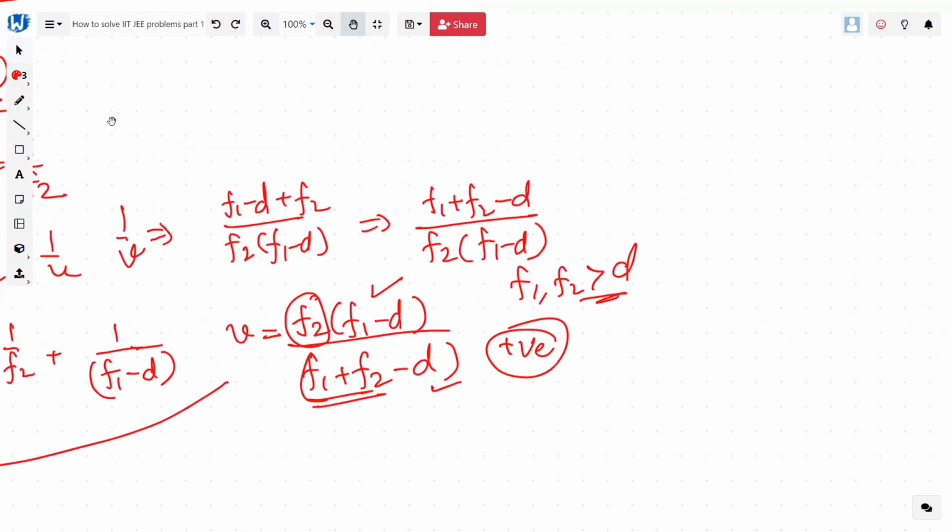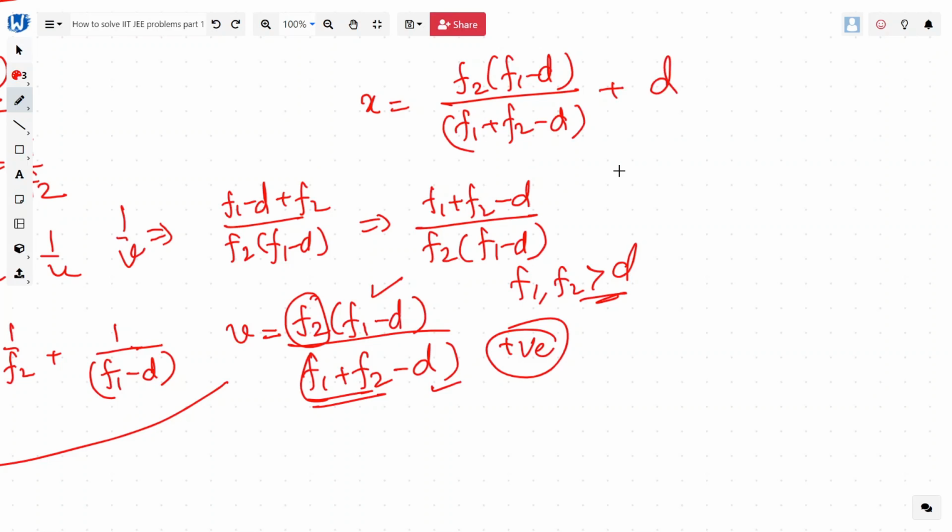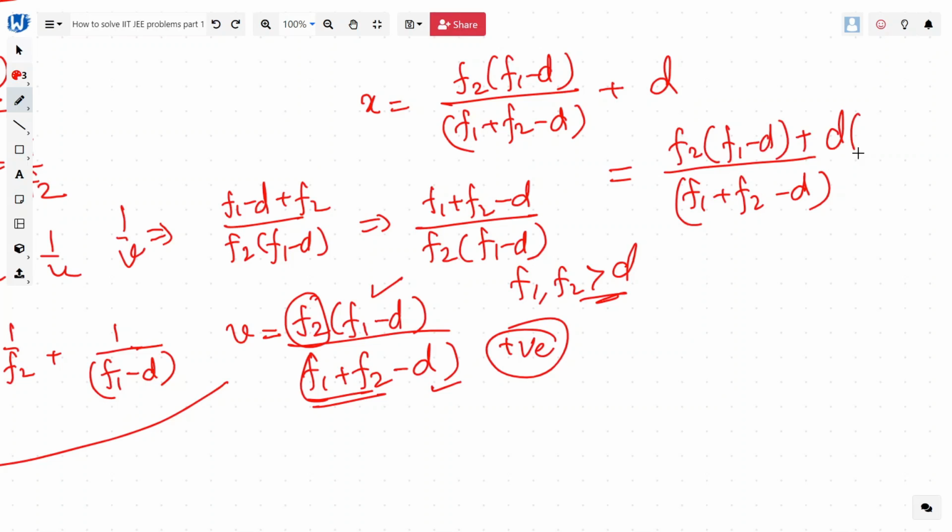So this is our v, and we are going to find the x coordinate. The x coordinate is going to be f2 into f1 minus d divided by f1 plus f2 minus d, plus d into f1 plus f2 minus d.